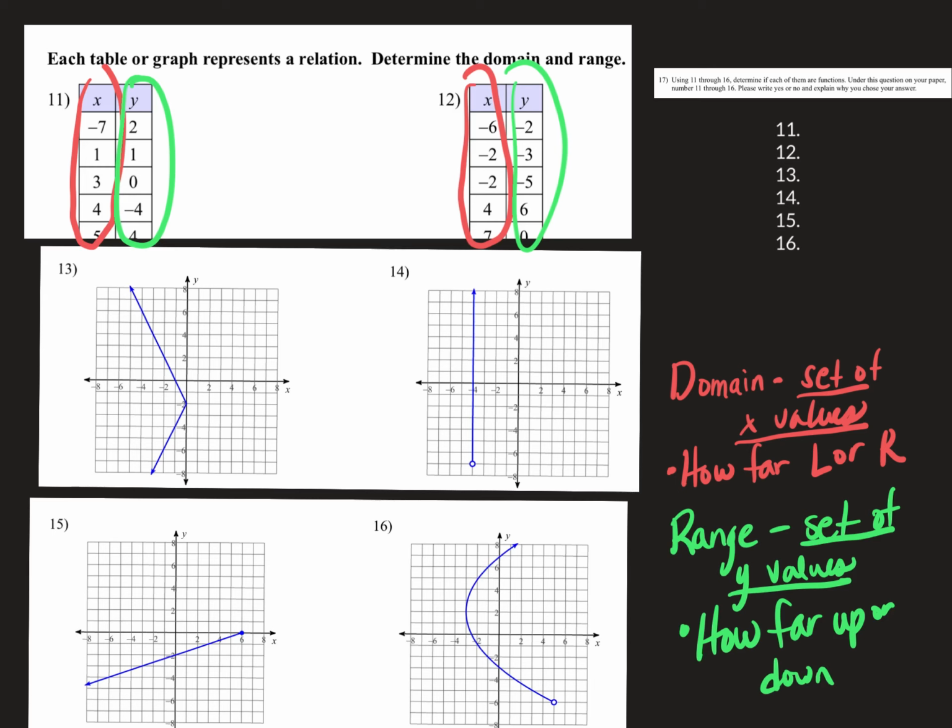So I think I'm using red right now. So how far left or right? That's going to be your domain. And how far up or down is going to be the range. How far up or down?